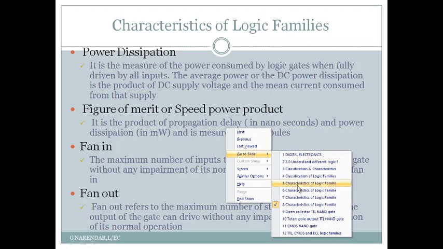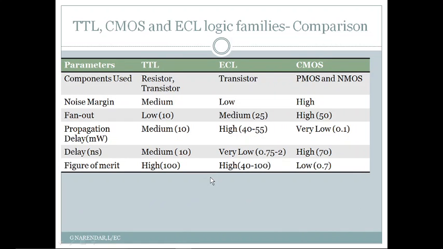So next we will go to compare the logic gates from different families. Though we have listed so many logic families previously while giving the classification of the logic families, the most important logic families that will be used practically are TTL, CMOS and ECL.